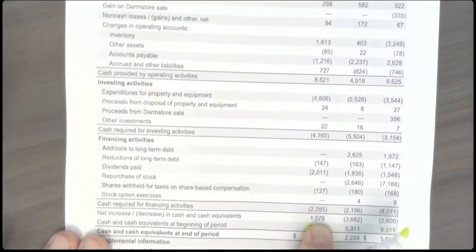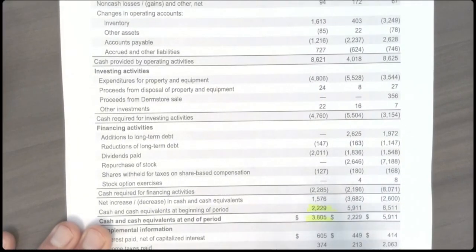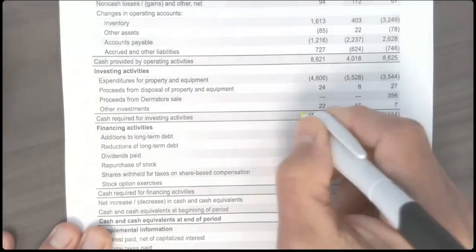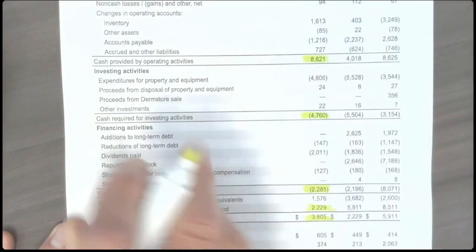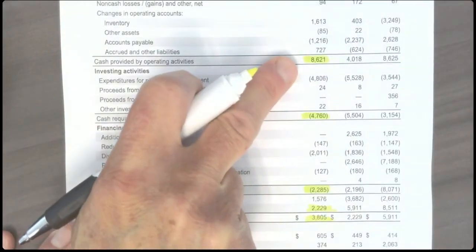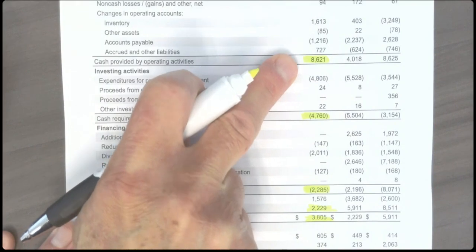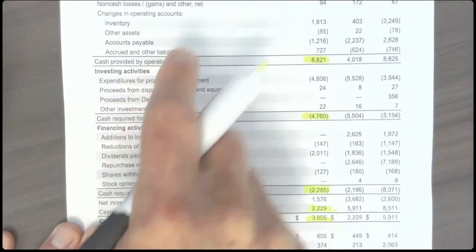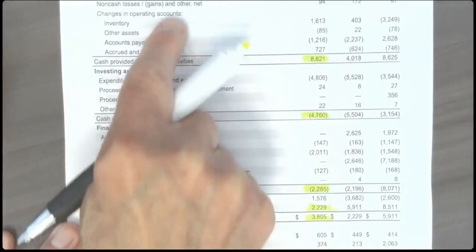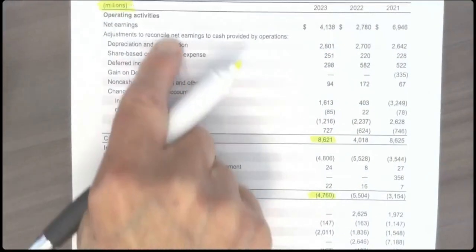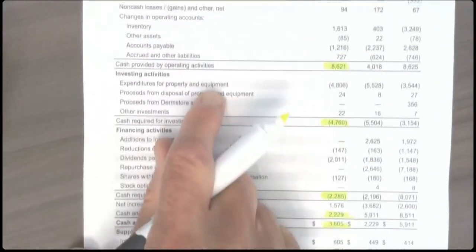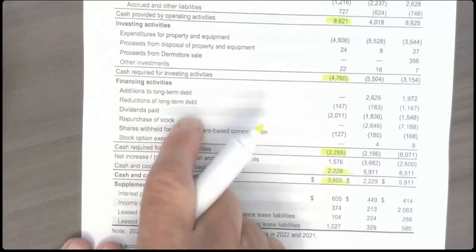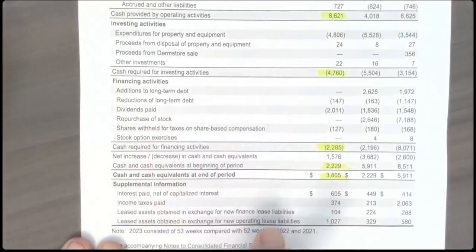And that 1.576 billion, we're going to find out, is the net of the 8.621 billion provided by operating activities. Remember, there's three sections. This is operating activities. This is investing activities. And this is the financing activities.